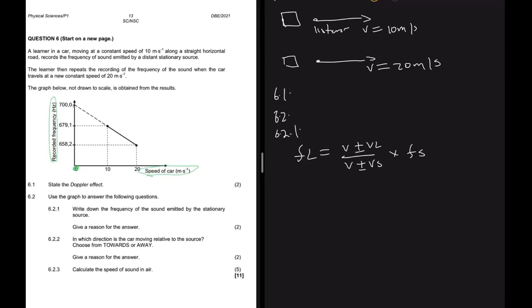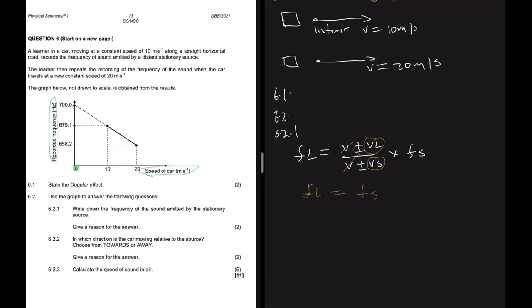So for us to find the frequency emitted by the sound source using this equation, we need the frequency observed by the listener to be equal to the frequency emitted by the sound source. For us to obtain that, we need the velocity of the listener to be equal to the velocity of the sound source, so that the V terms cancel out, and at the end we have FL equals FS.